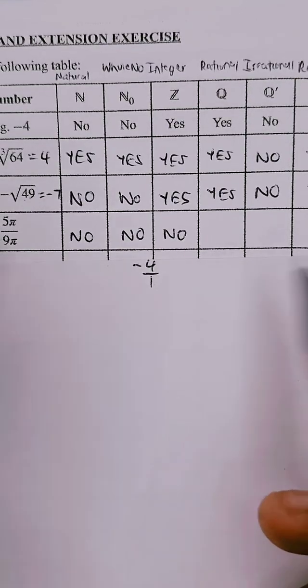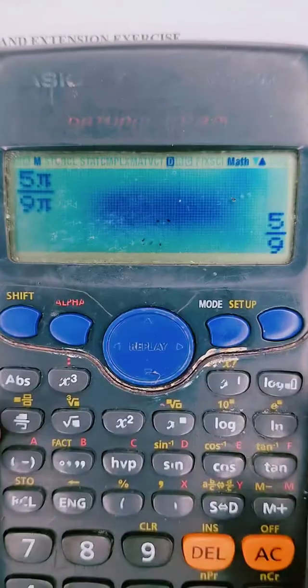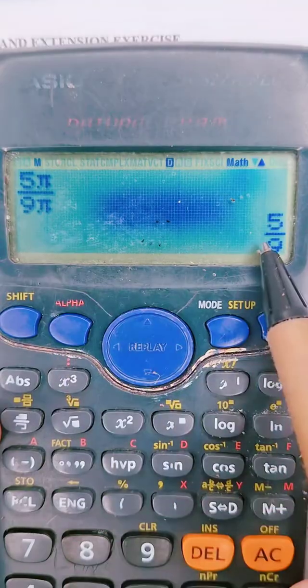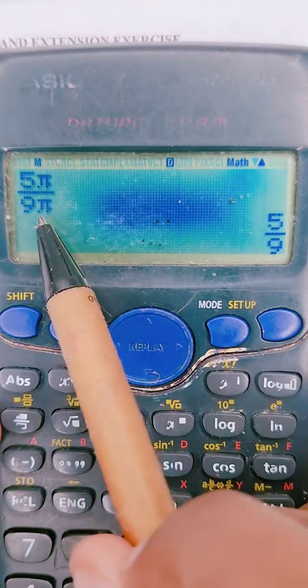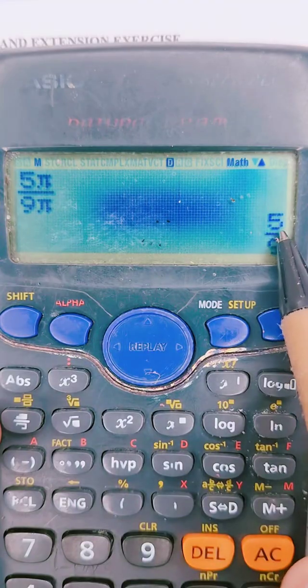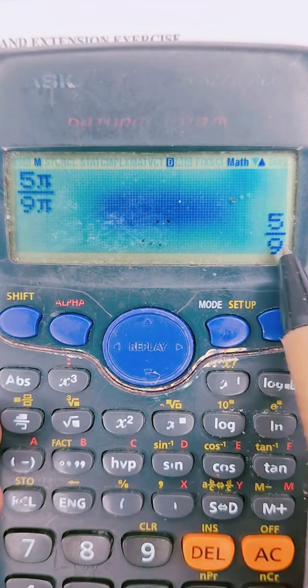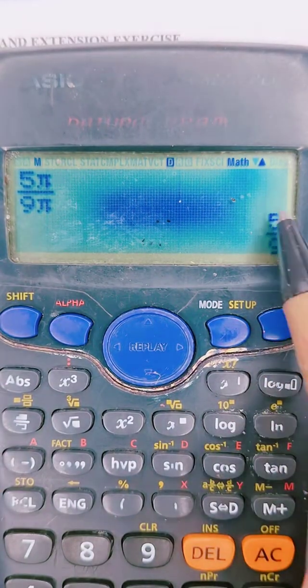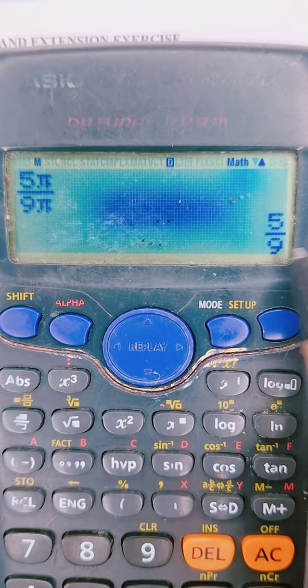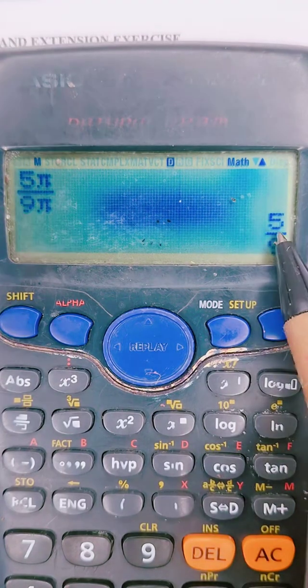Yeah, guys, if we go to the calculator and put in 5 pi over 9 pi, look at that. It gives you 5 over 9, because the pi and the pi cancel each other. You're left with 5 over 9. And remember, what is a rational number? A number that can be written in the form of a over b, where a and b are integers, and where b, the denominator, cannot be 0. So this qualifies.